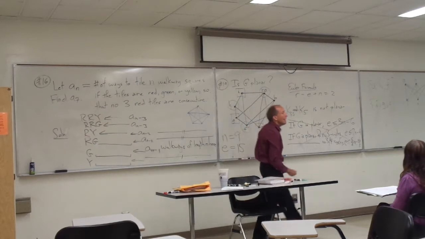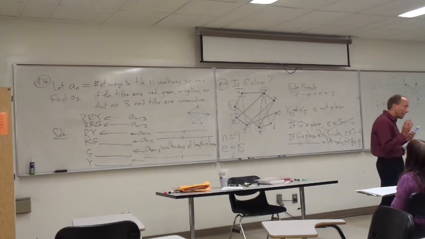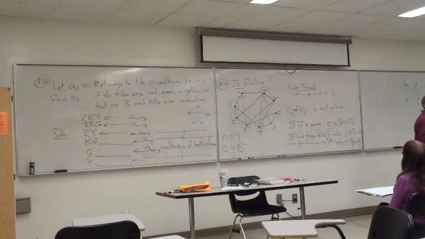So I would not say that this graph has K33 as a subgraph. It's not quite K33, but it is what we call homeomorphic to, or basically you can just simply add these two vertices along that edge, and then it's the graph that you see as a subgraph of this graph.